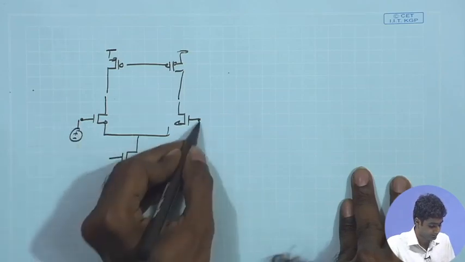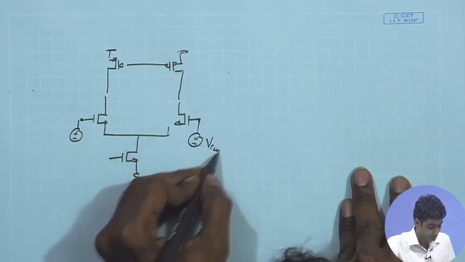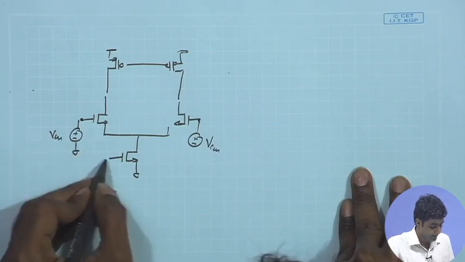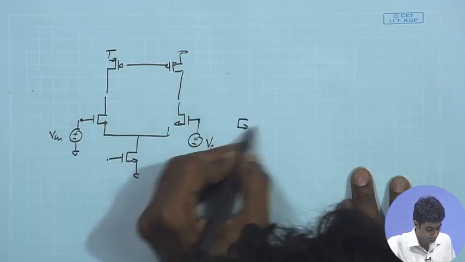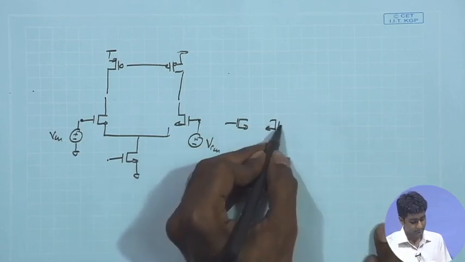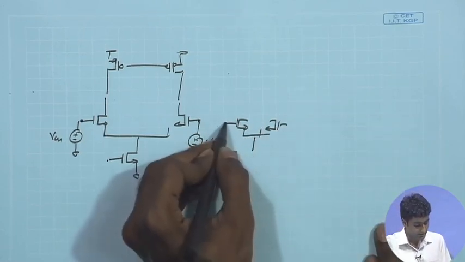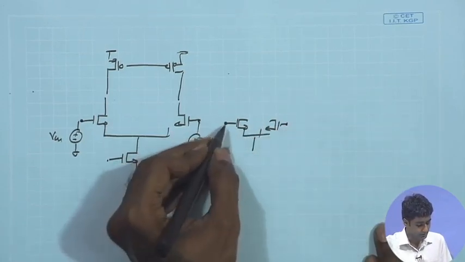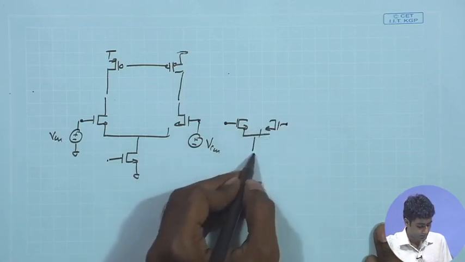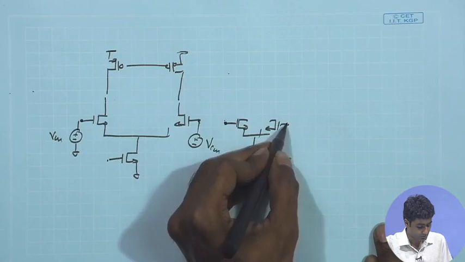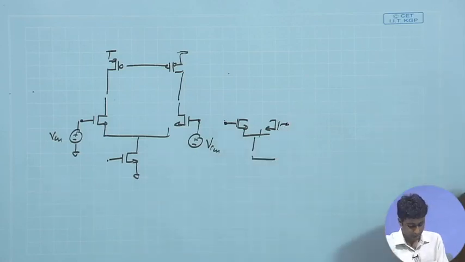So, I will just put the same VCM over here, the DC level expected, and this is the same DC point, and the differential pair or the split pair that you have. We are breaking the loop over here, and therefore these two DC points, these two gate voltages, need to be connected to the common DC point.